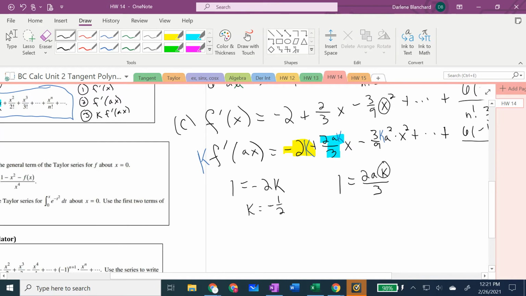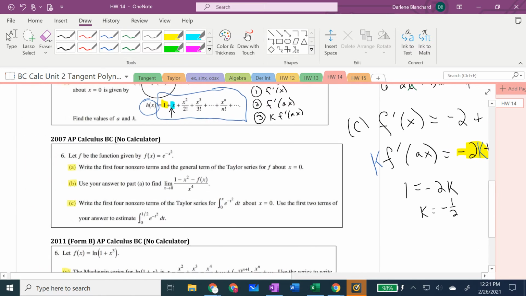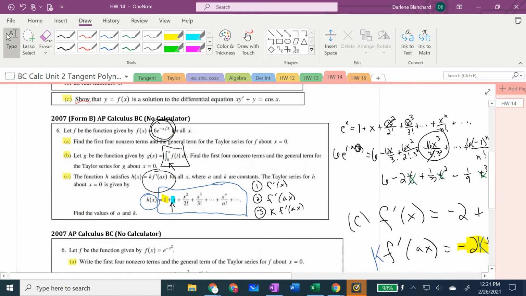And once I know that k is negative 1/2, then I get this, and that winds up being negative 3 for the a. And that was going back to this problem here. And so just to double check the directions, it says the function satisfies this, a and k are constants, and just find a and k.